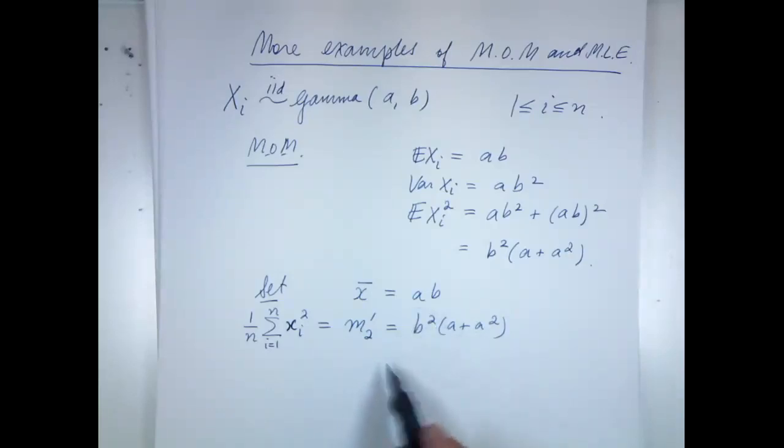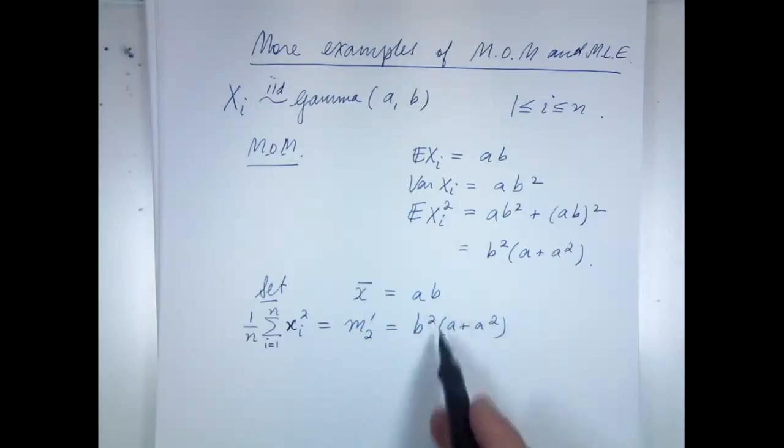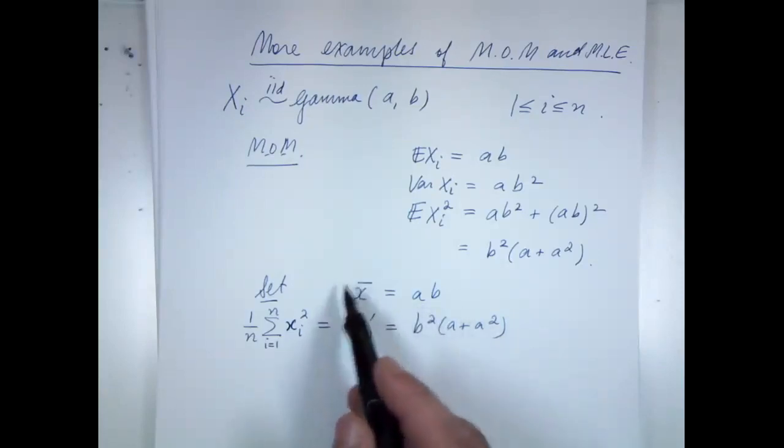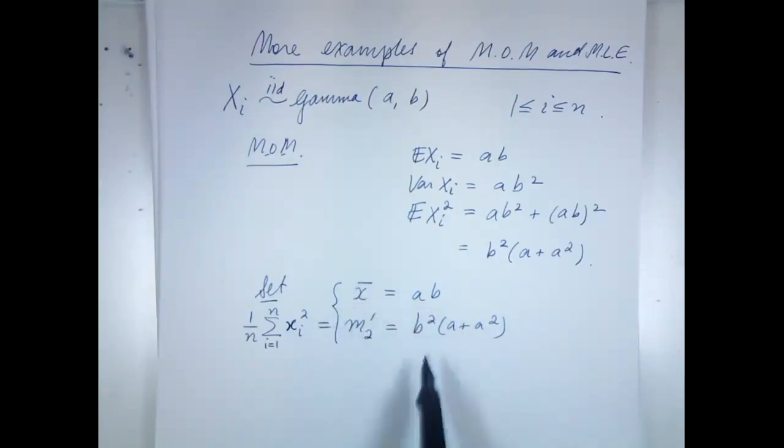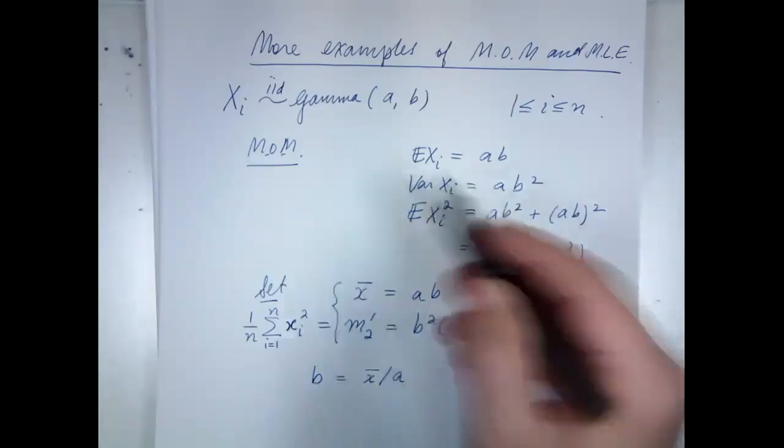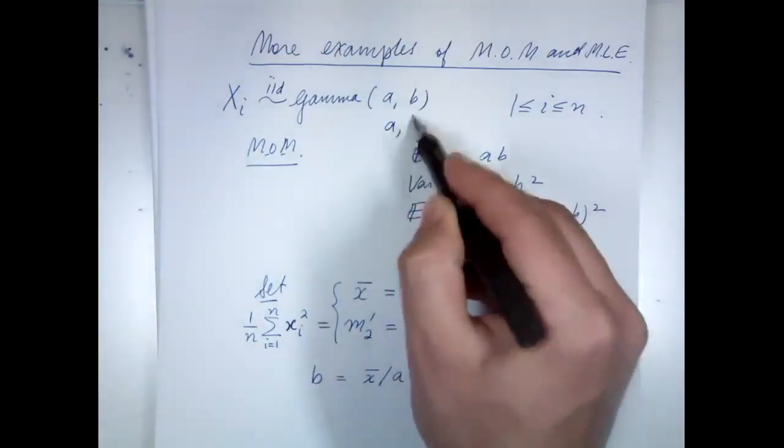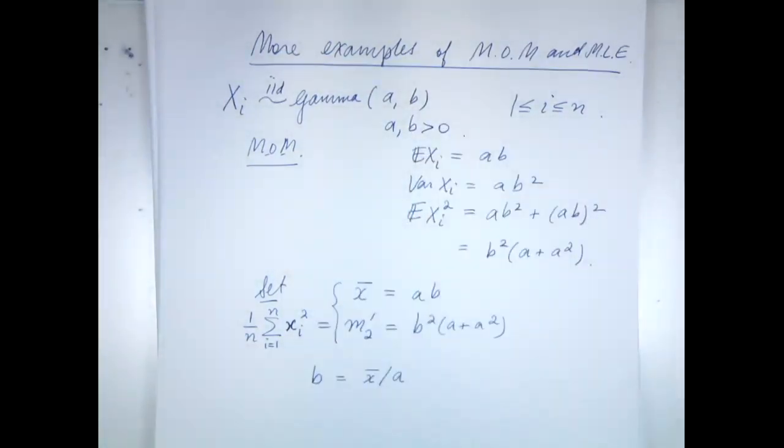We have two equations and two unknowns. Let's eliminate B by saying that B is equal to x bar divided by A. Many ways we could do this. And as a reminder, A and B are positive in the definition of a gamma, otherwise you get a degenerate distribution, so we can assume A and B are positive.